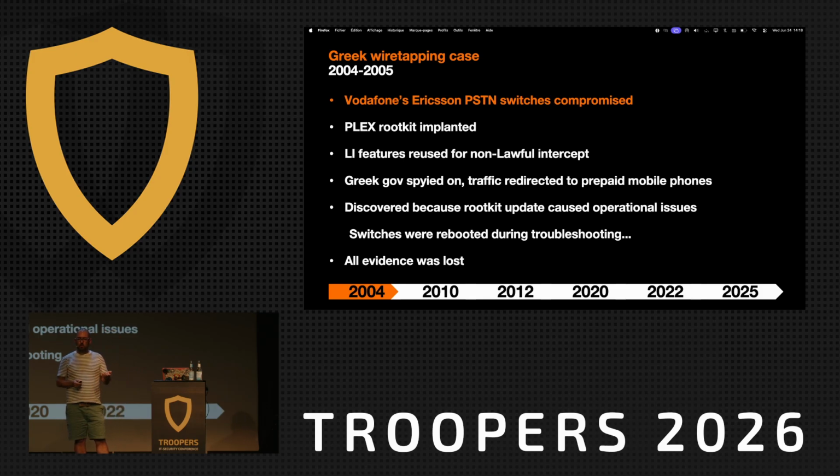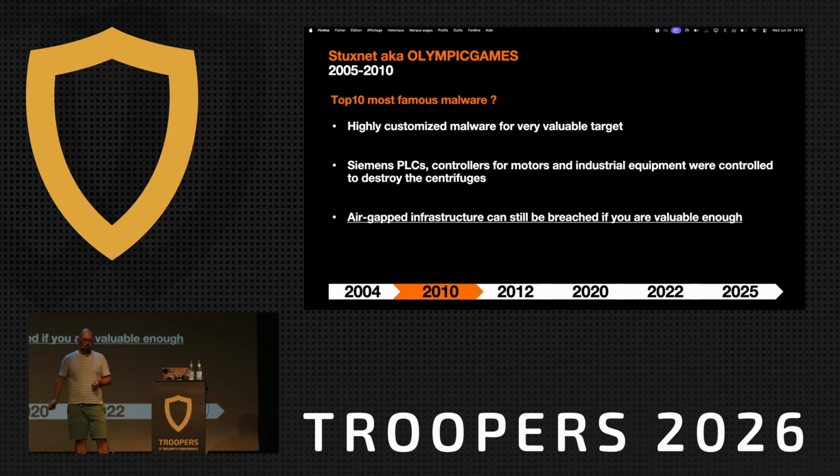The rootkit was discovered because a software update of the rootkit caused operational issues to Vodafone, and they investigated with Ericsson, sorry. During the investigation, the switches were rebooted, and so all evidence was lost. So we know that it existed. We don't know who was behind it. We don't know exactly why. But this was an interesting piece of malware, more than 20 years ago.